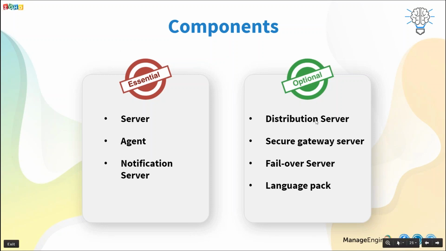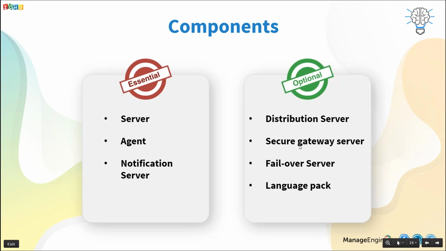When we look at the optional components, we have the distribution server, which serves as a repository for patches, software, and scripts that you have deployed to the machines in your remote office. We can create unique replication policies for each location as per the bandwidth requirement. Then we have the Secure Gateway server.